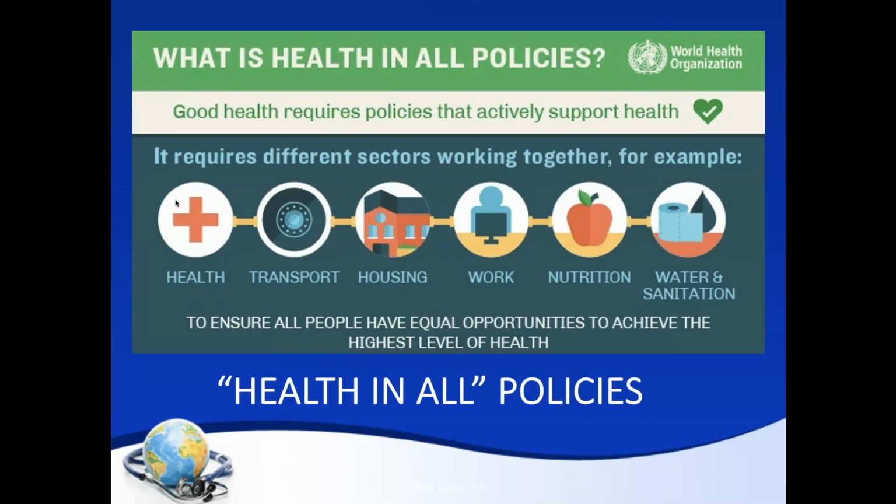And what this is that it's looking at all the different sectors here you can see in our environment, in our society, that maybe have an impact on health. So health being one of them, but what about transport? What about housing? What about employment? What about nutrition? What about water and sanitation? And so to ensure all people have equal opportunities to achieve the highest level of health, we need to look at all the policies, all the social policies that come into play when we're thinking about health.